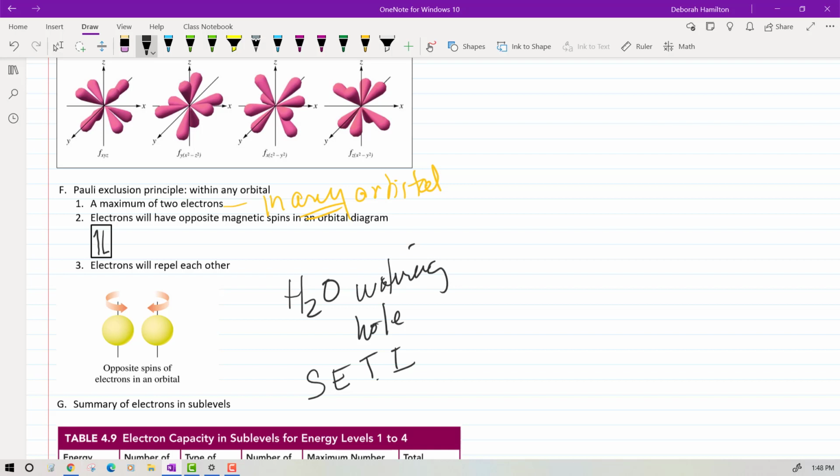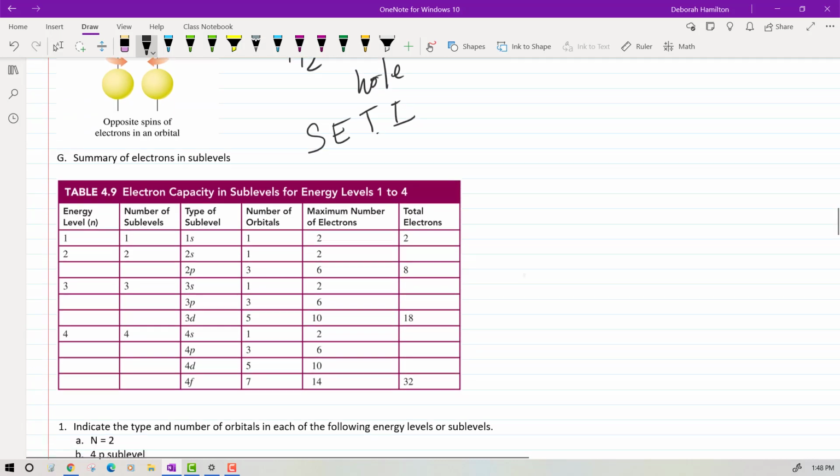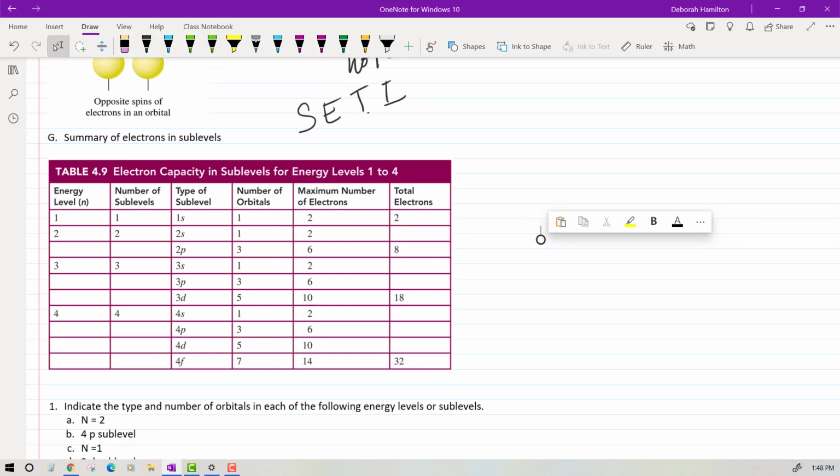Again, there's 2 electrons in each orbital, regardless of the sublevel or the main level that you are at. All right, so here's a summary table showing the energy levels. And I'll come up here and do a highlight. At the energy level n equals 1, it's closest to the nucleus.